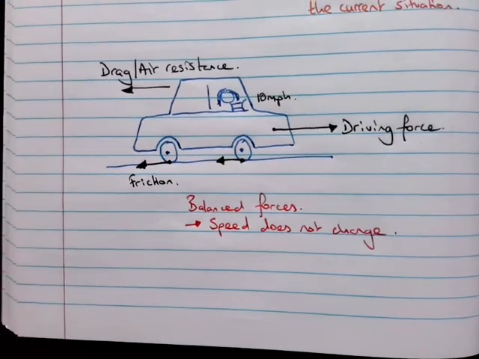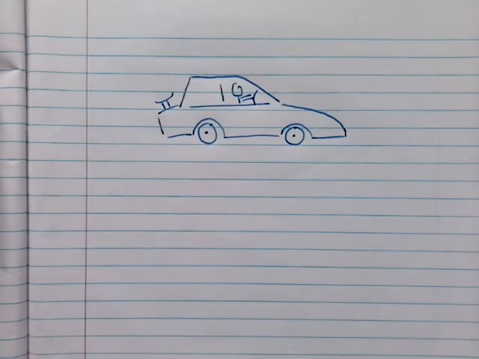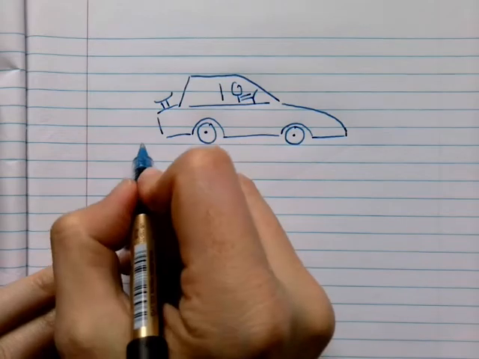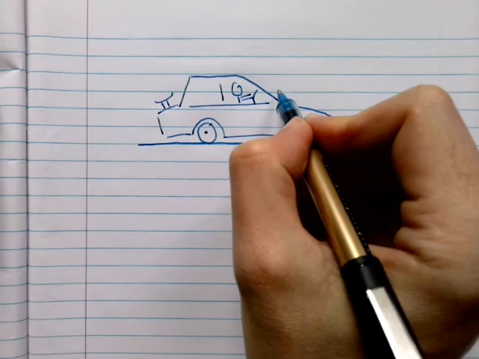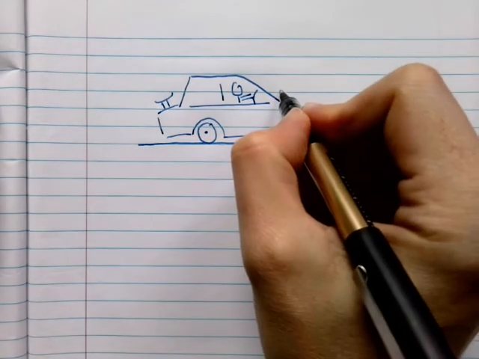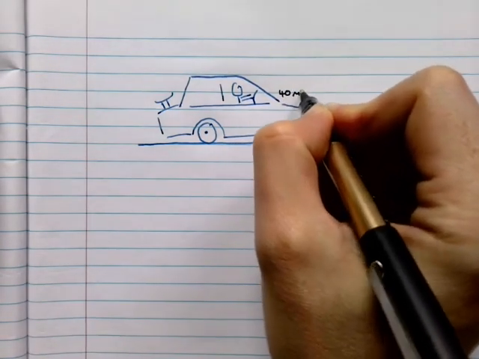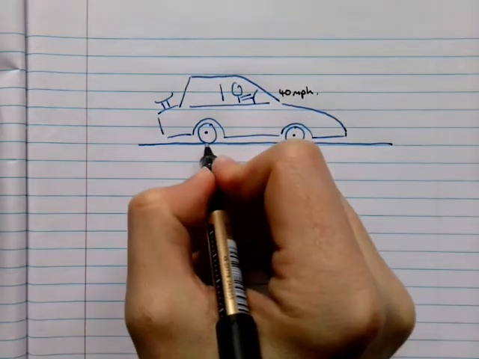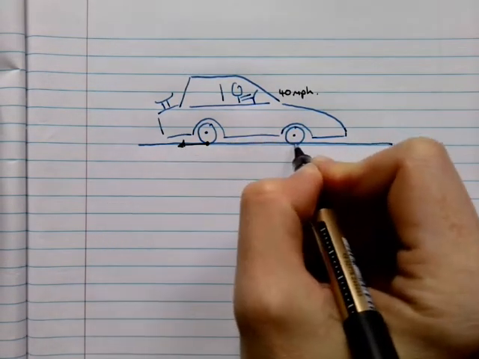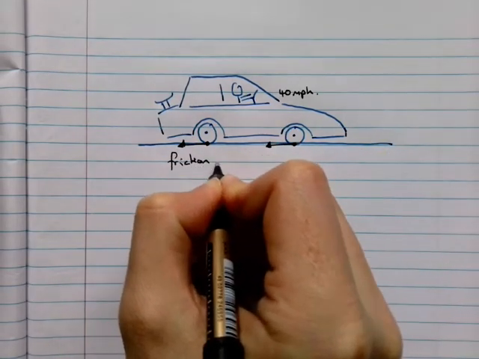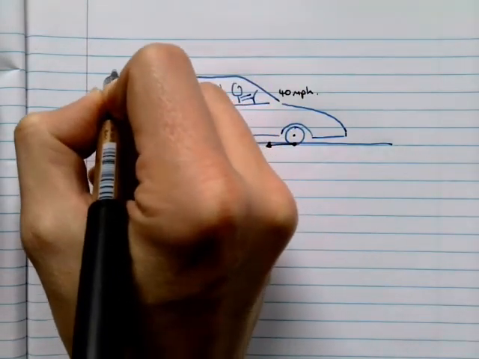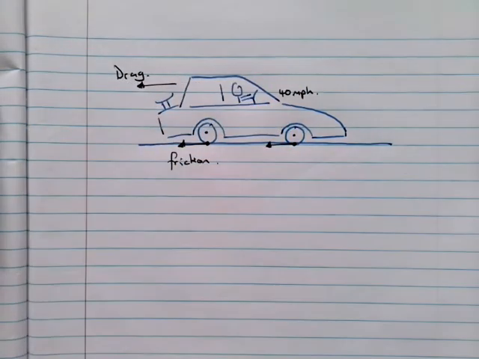So let's suppose now that we have me in my car, and I'm going along at 40 miles per hour. I've got my friction from the contact between the wheel and the road, and some drag or air resistance from the air.